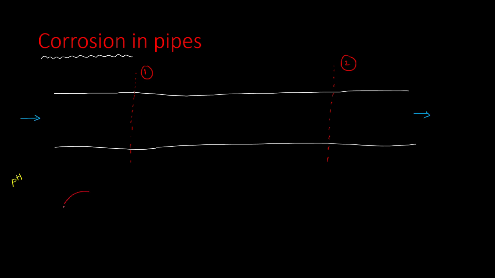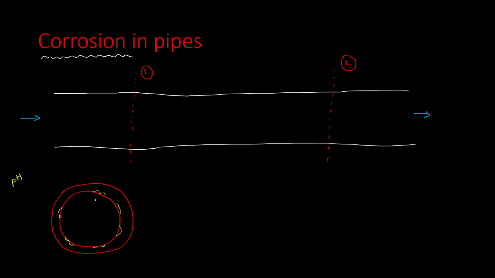If we cut it and see it properly, then this is the pipe, and we are taking a hollow pipe here. So what will happen due to the corrosion? Due to corrosion, these layers will get deteriorated.